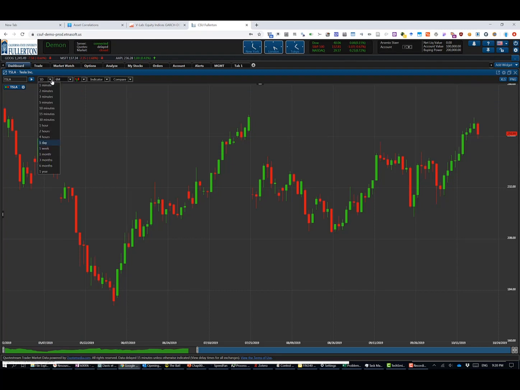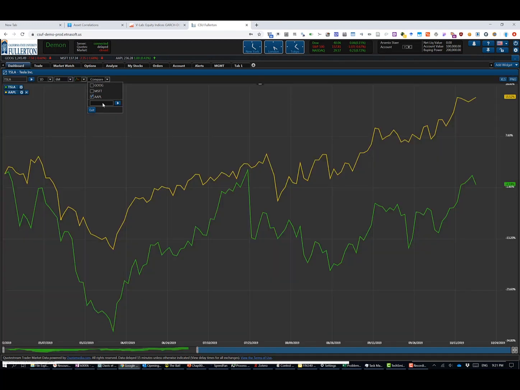In my class, I discuss how to interpret the bars for this price chart. So what we're going to do here is keep 6 months, 1 day. We're going to compare it to, first of all, Apple. As you can see, now it's not candles anymore, it's lines.